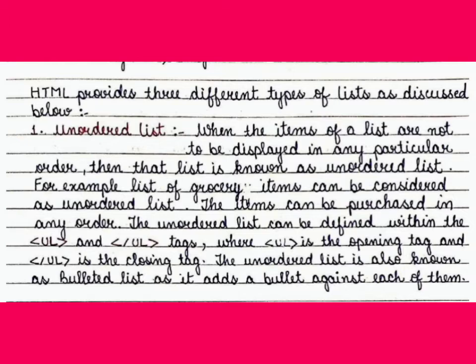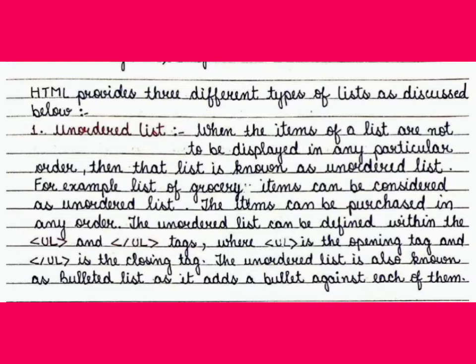Number 1. Unordered list. When the items of a list are not to be displayed in any particular order, then that list is known as unordered list. For example, a list of grocery items can be considered as an unordered list. The items can be purchased in any order.